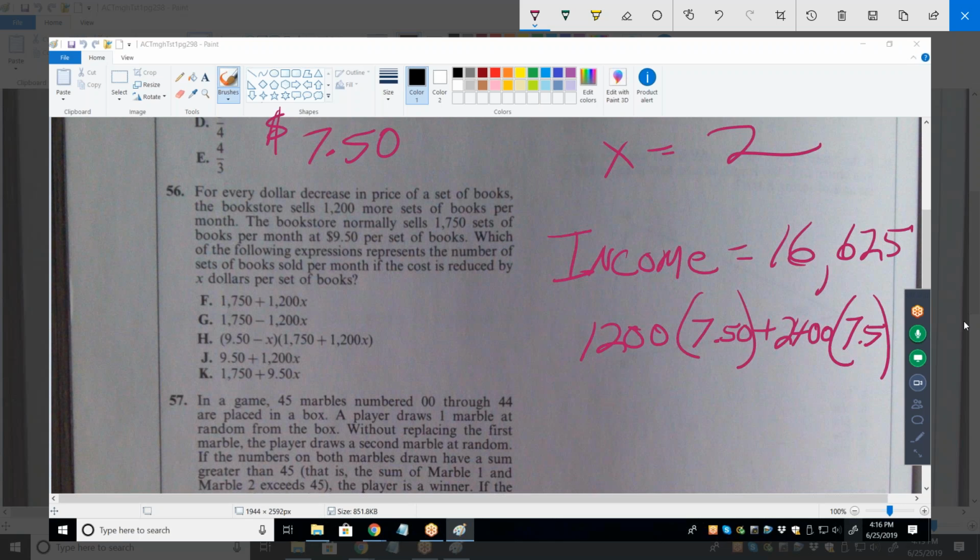We're going to sell our normal 1,200 sets, and then we're going to. Oh, hold on. No, I did the math wrong. This is 1,750. So we need 1,750 times 750 plus 2,400 times 750.